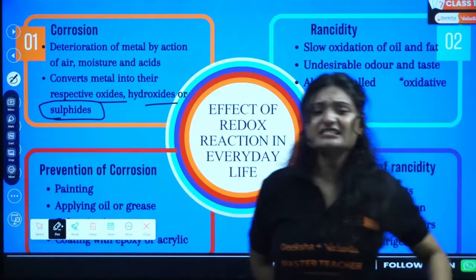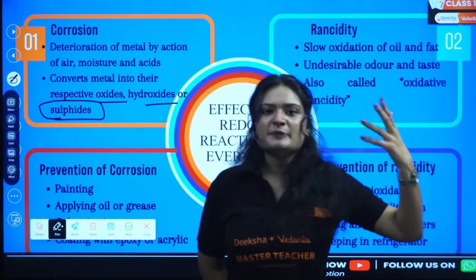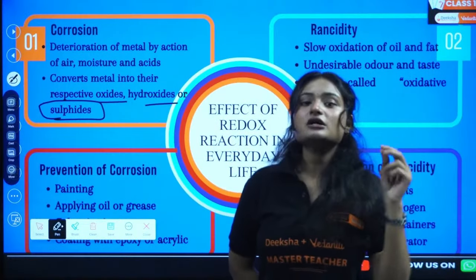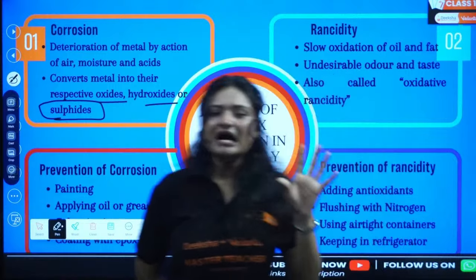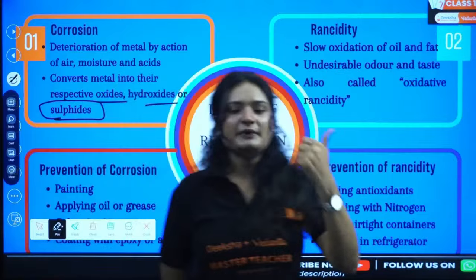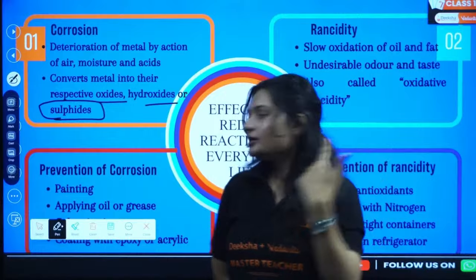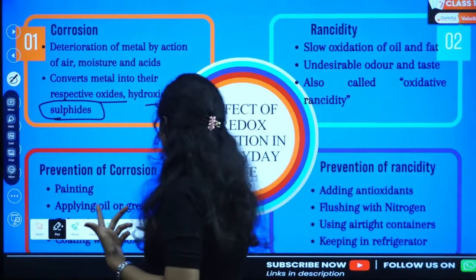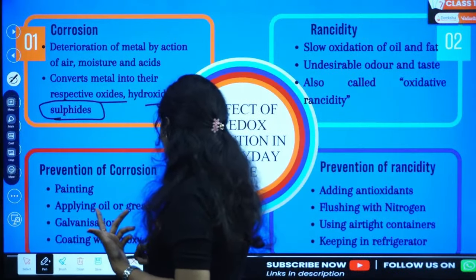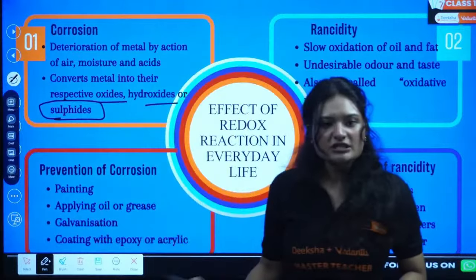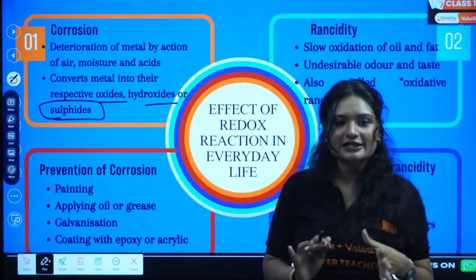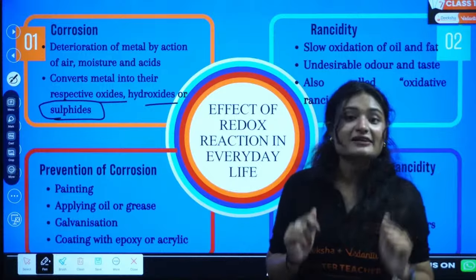That is corrosion. How do you prevent corrosion? By painting, by greasing, by coating with epoxy or acrylic, and by galvanization.